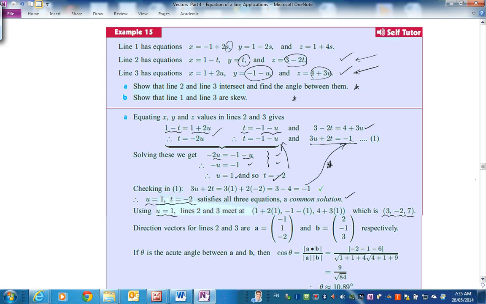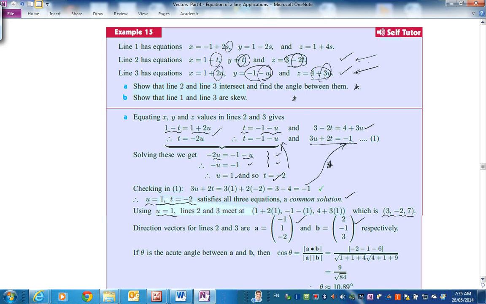Okay, so what are the direction vectors for the lines? Because we are supposed to find the angle between them now. Well, you don't need to put your u and t values in there. If we go back up to line 2, we've said here this is neg 1, 1 and neg 2, and in line 3 the direction vector is 2, neg 1 and 3.